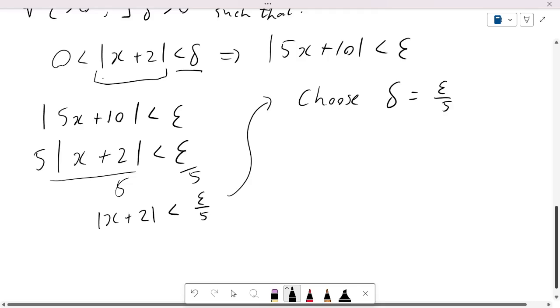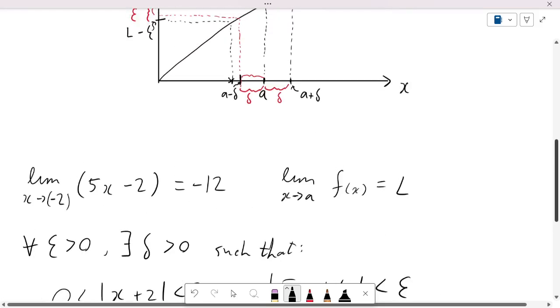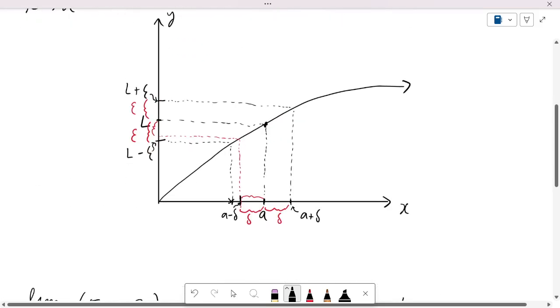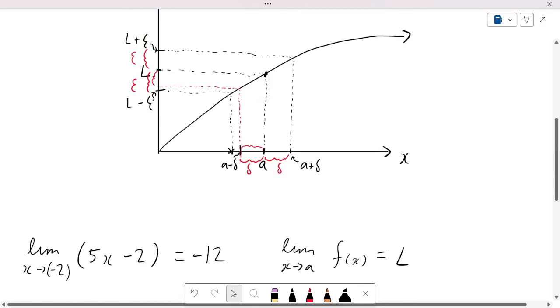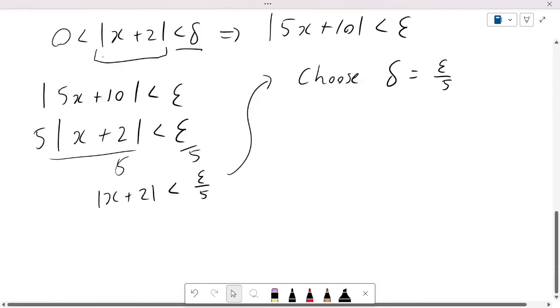Remember, this is not the same function as we used in the example at the beginning of the video. I wanted to use that example because it shows that because of this curve over here, we will have a difference in distance, and that's why we need to find our delta by manipulating epsilon.